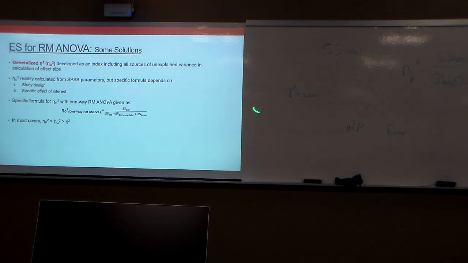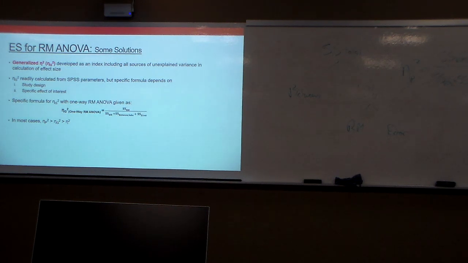Okay, so what you're seeing is we're taking that between subjects term and adding it back into the denominator, accounting for all of the unexplained variance in our model, and what is attributable to our effect of interest. Okay. People see the rationale for why we're doing this, starting to put this in terms of a metric that's more comparable across both within and between subjects designs.